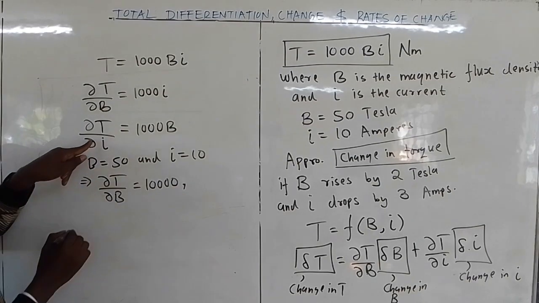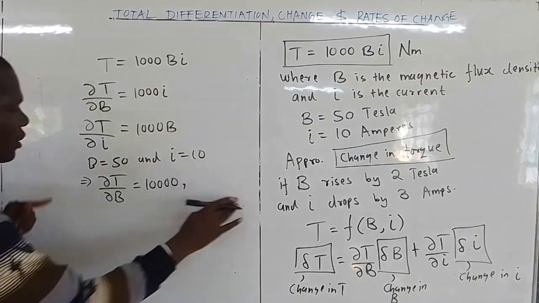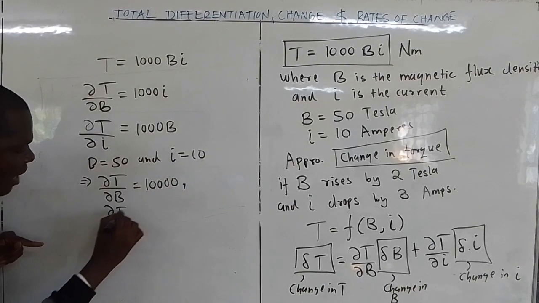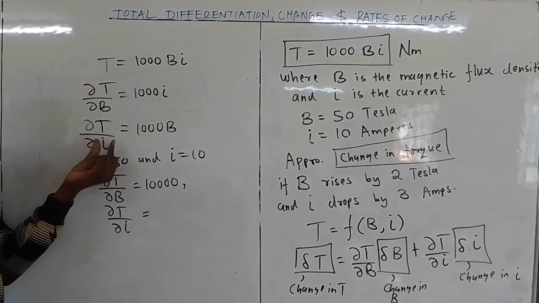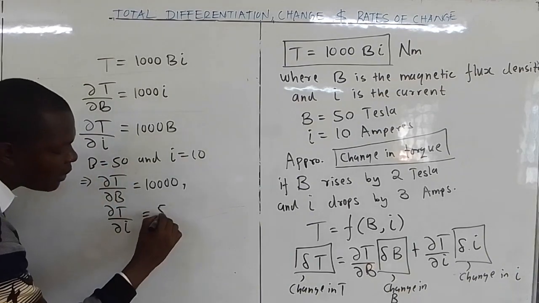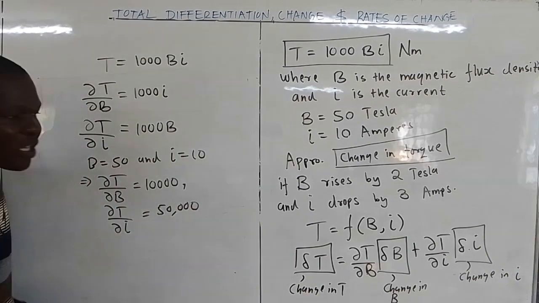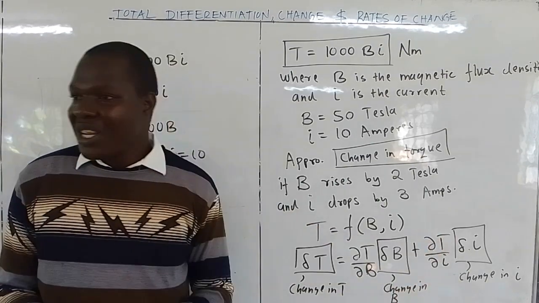Then partial T with respect to I, what do you get? 1000 B, meaning 1000 times the value of B, 50,000. So what have we done? We found this partial derivative, we found this partial derivative, isn't it?